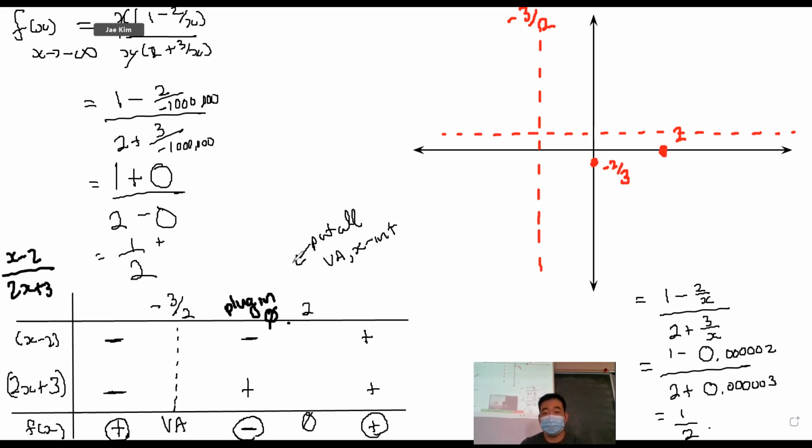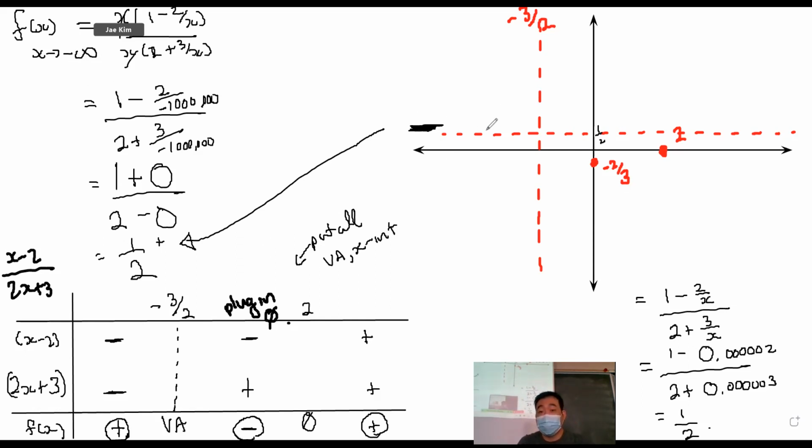So, following this information, if I approach negative infinity, I approach half. Remember, this is half. I approach half on the positive end or the negative end? Positive end. Next.